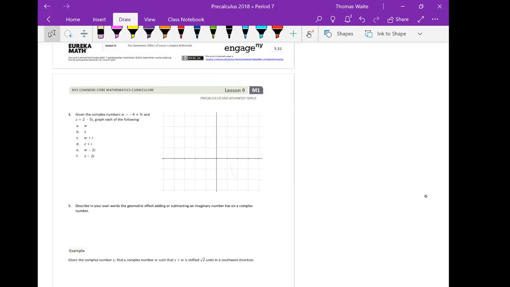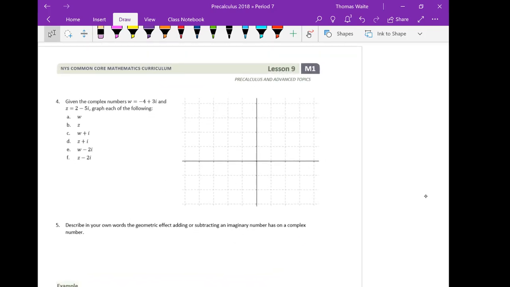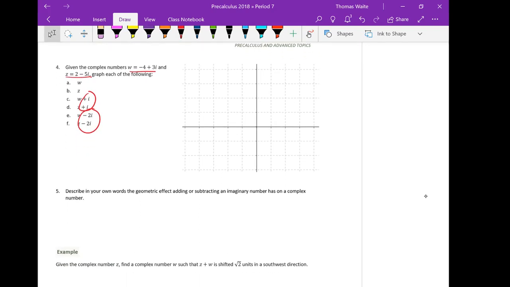In 4 and 5 on the next page, it's going to have us graph the result of adding and subtracting some imaginary numbers, and then describing that geometric effect. So our goal is to see what happens when we add real numbers, what happens when we add imaginary numbers, and then get an overall understanding about what's happening.